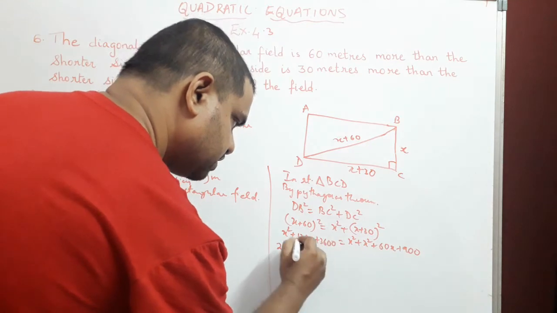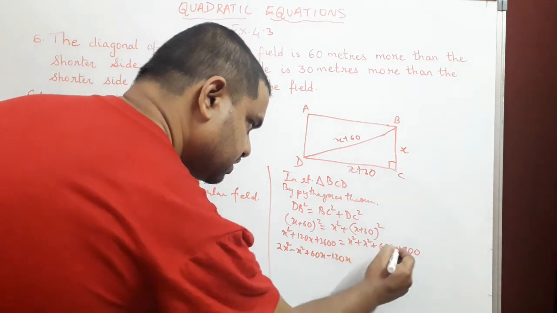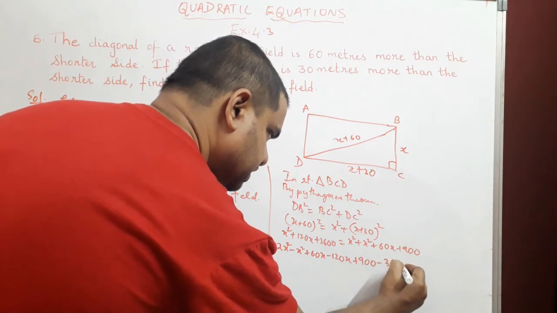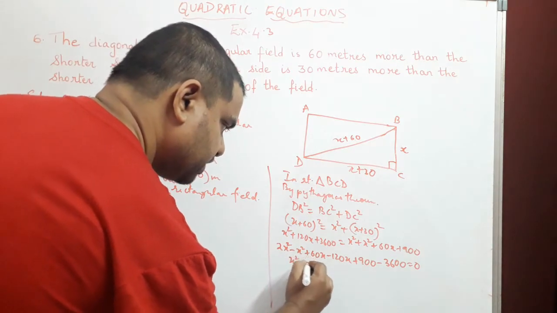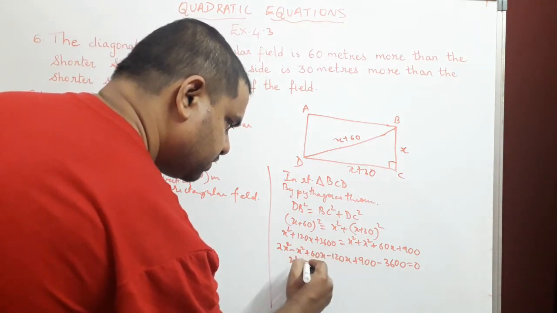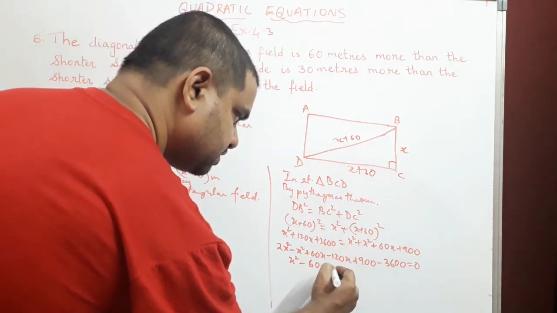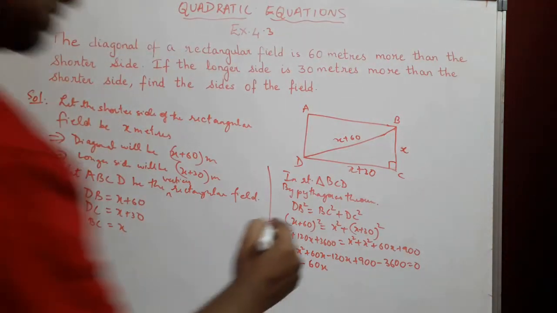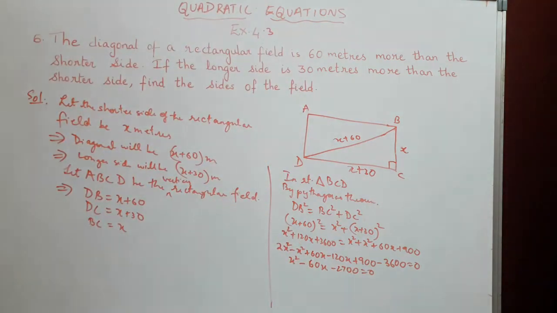Then we have plus 60X minus 120X plus 900 minus 3600 equal to 0. 2X square minus X square will be X square, 60X minus 120X will give us minus 60X, and plus 900 and minus 3600 will give us minus 2700 equal to 0.